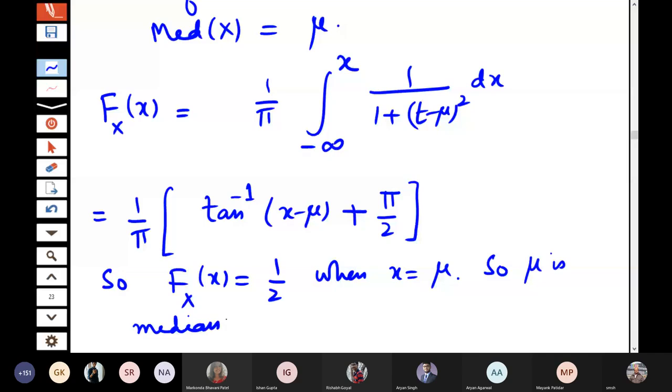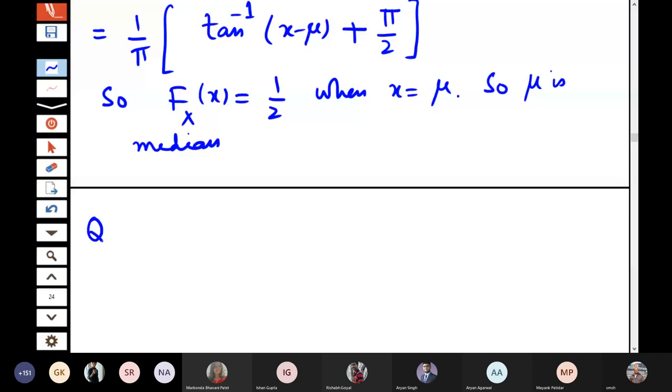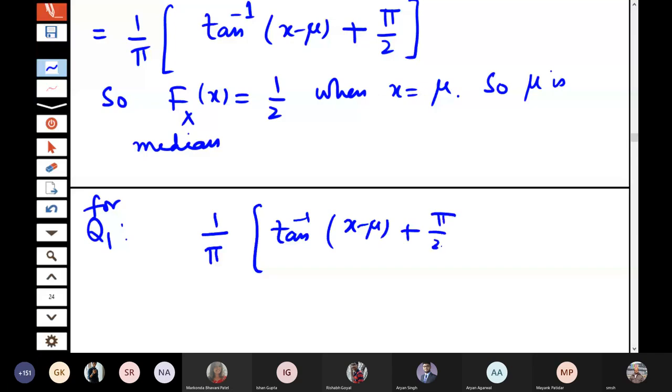Suppose I want to calculate other quartiles also. So for Q1, you will need this to be tan inverse x minus mu plus pi by 2 is equal to 1 by 4.